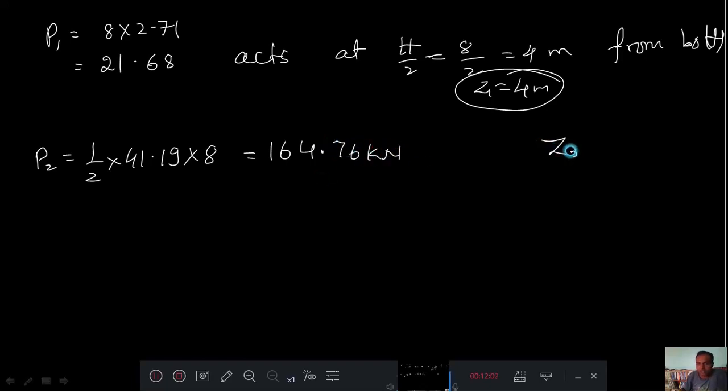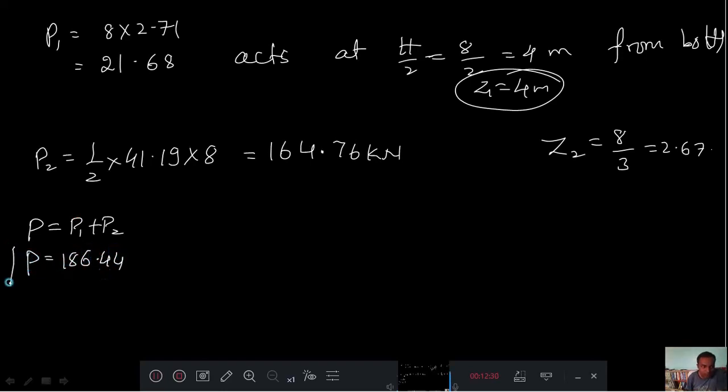Then it acts at Z2, that is H by 3 from the bottom, 8 by 3 from the bottom, 2.67. Then the total pressure P will be equal to P1 plus P2, that is 21.68 plus 164.76, that is 186.44. This is your total pressure acting.